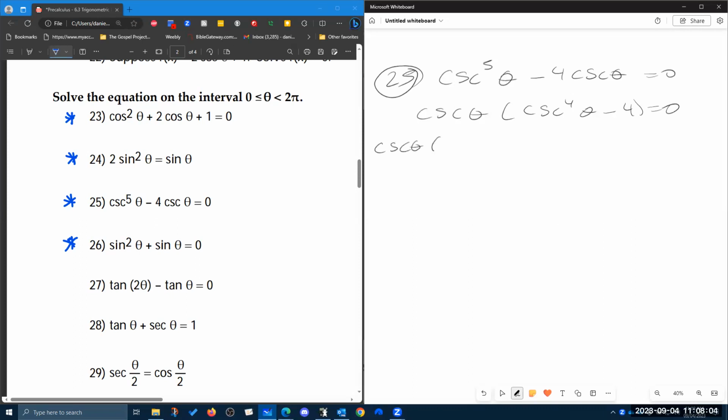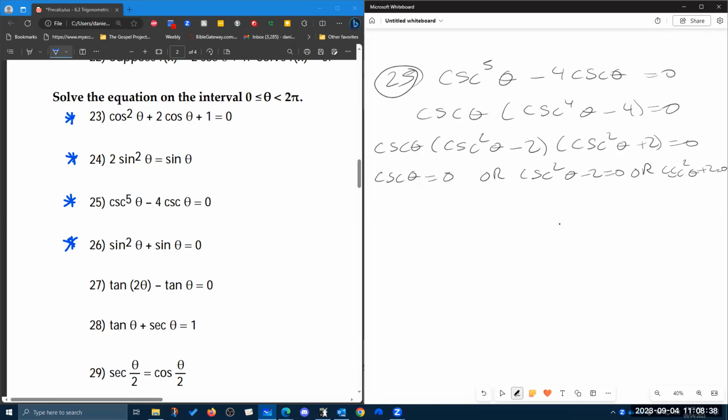This is cosecant theta times cosecant squared theta minus 2 times cosecant squared theta plus 2. So this is going to be cosecant theta is equal to 0, or cosecant squared theta is equal to 2, or cosecant squared theta plus 2 is equal to 0.